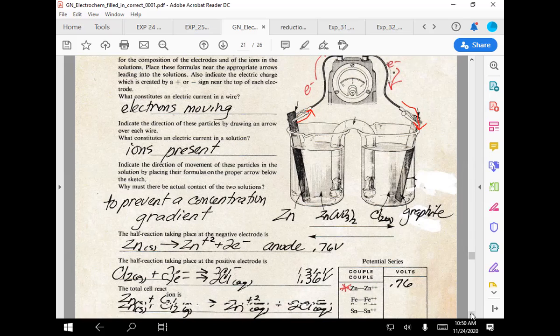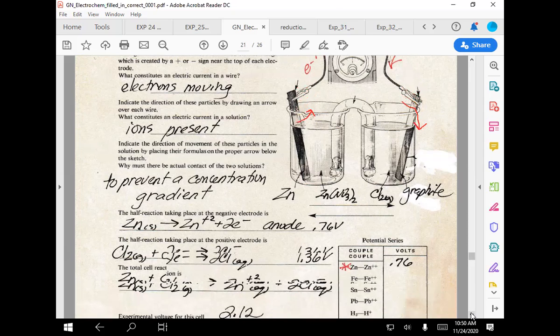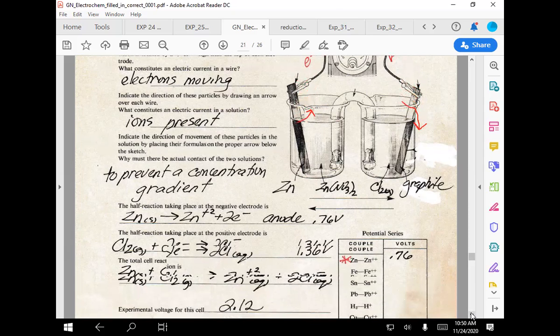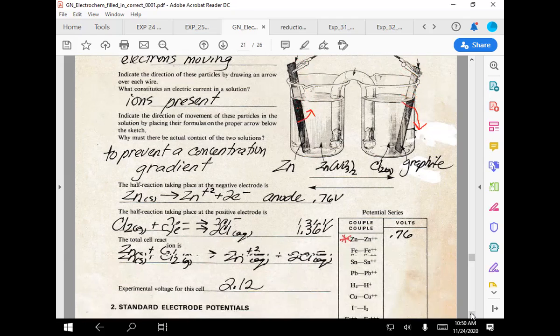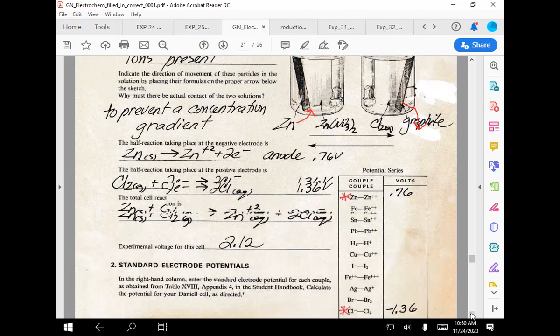Now, once you have the separate half reactions, then you would add them up and you would add the volts up. Okay, so there's the chloride going to chlorine.